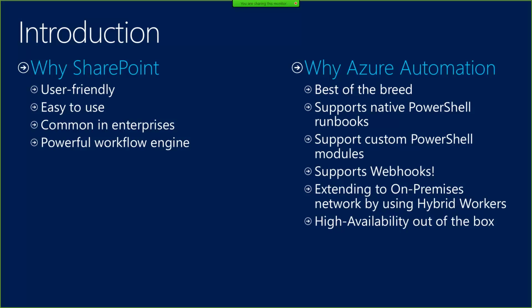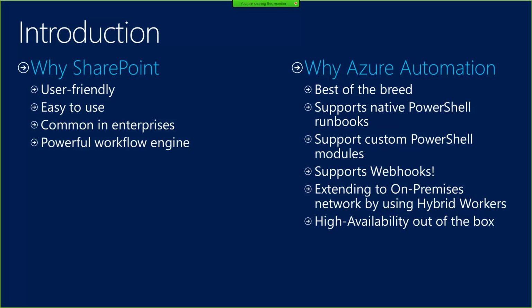And so, why am I using Azure Automation? Because it's the best of breed at this stage. It supports native PowerShell runbooks, and it supports custom PowerShell modules. We use two of those today, and it supports webhooks. So basically, it enables you to kick off a runbook just by using a plain HTTP post request.